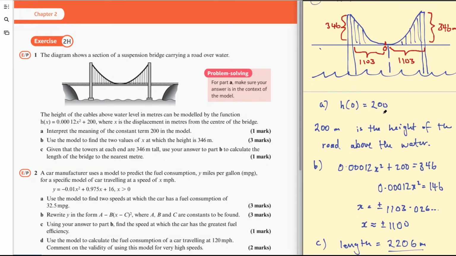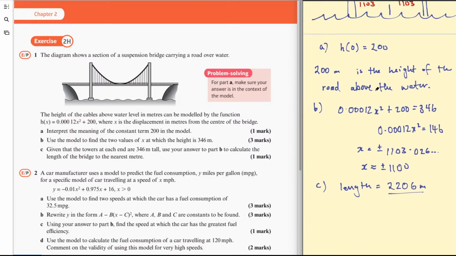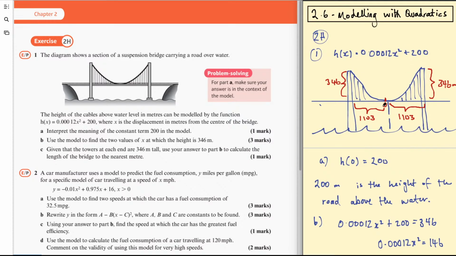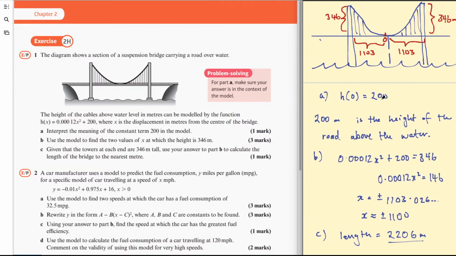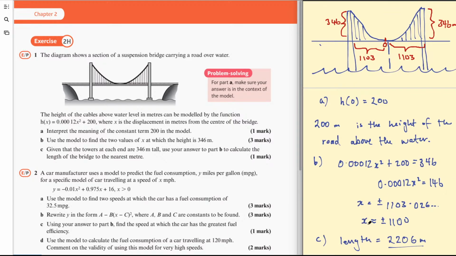Good question. So it was x equals 0 at the center. And we got 2 values for x for this function. We got a positive 1103, and we also got a negative 1103. Now, when we're talking about lengths, we don't put a negative in, but that's what that negative 1103 represents.